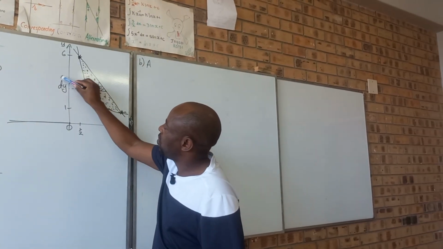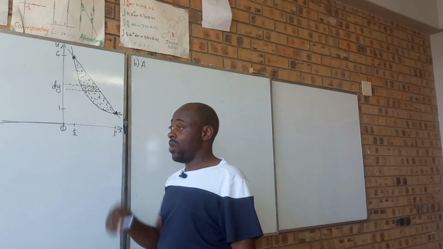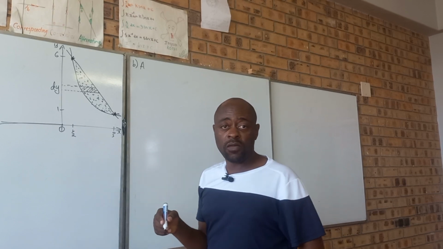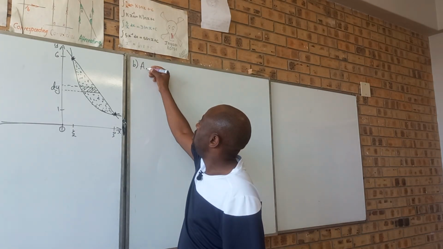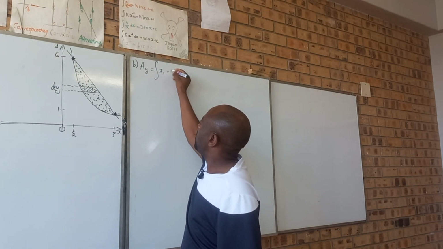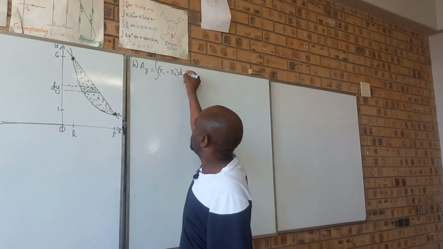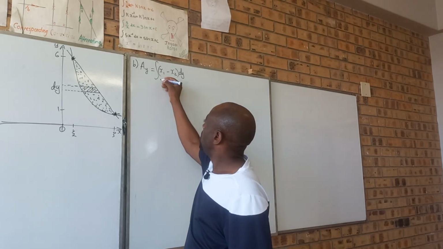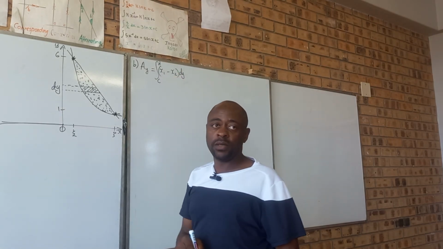You see it touches the y-axis. So my putting the dy there is just reminding me that if I go to page number 4 of my maths basics formula sheet to look for the formula of my area, that formula will be a formula that ends with dy. So that is my formula from c to d.